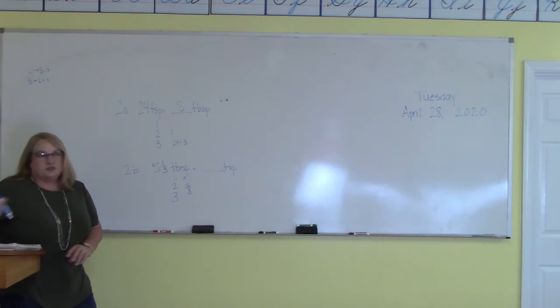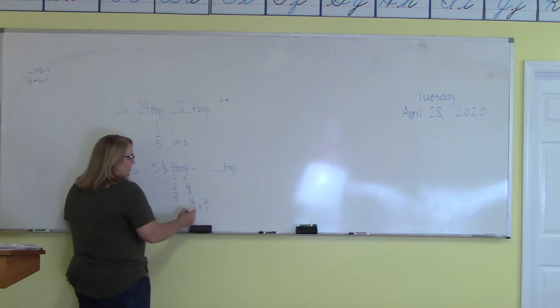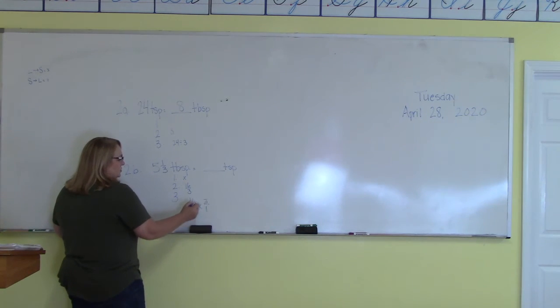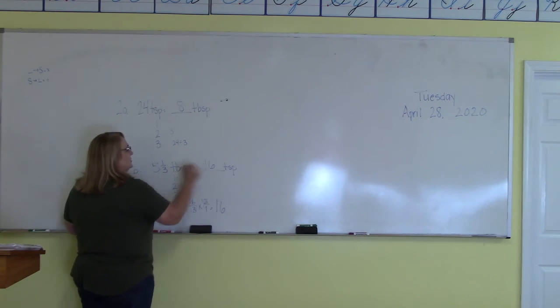And we're going to multiply that by 3, because there are 3 teaspoons in 1 tablespoon. 16 thirds times 3 over 1. 3 will cancel each other out, leave you 1, so that will be 16 teaspoons.